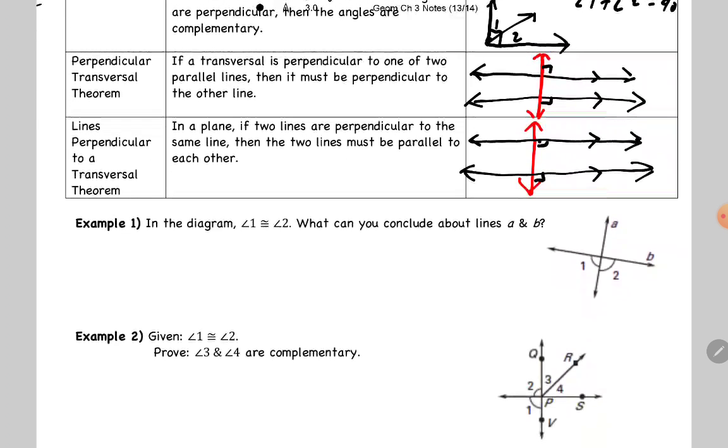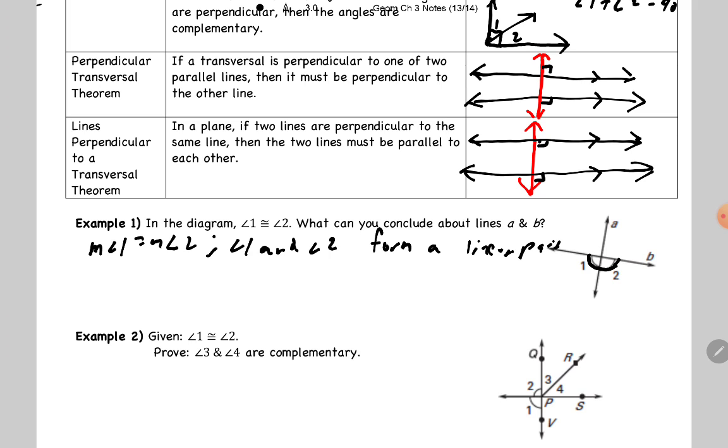So in the diagram, angle 1 is congruent to angle 2. What can you conclude about lines A and B? We know that the measure of angle 1 is equal to the measure of angle 2. And we can assume that angle 1 and angle 2 are a linear pair, because they are next to each other and they add up to a straight line.